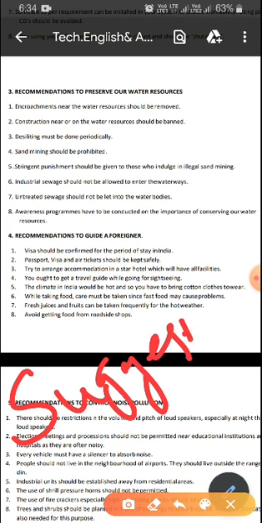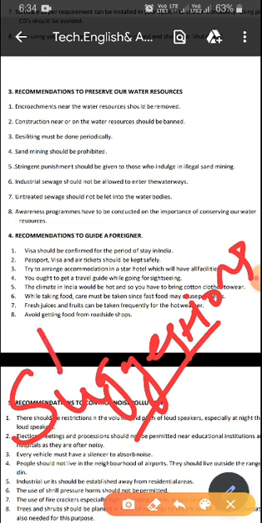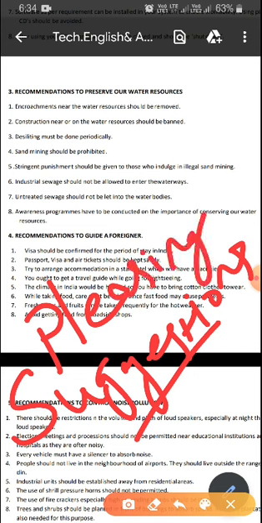Suggestions will be given in the form of pleasing sentences, right?